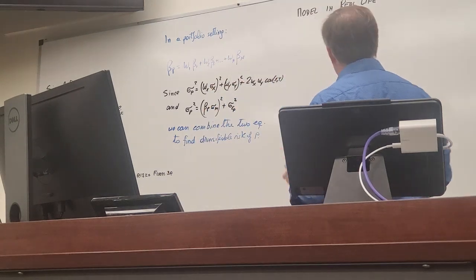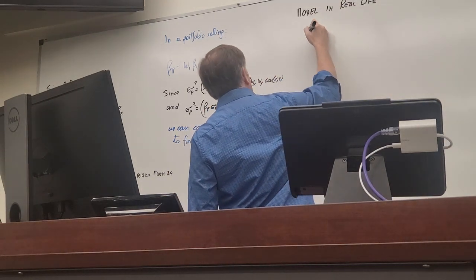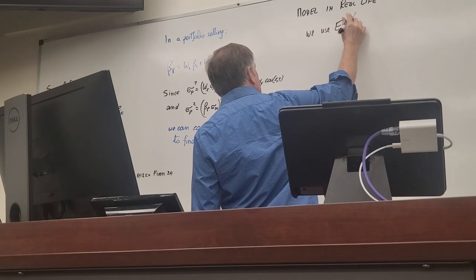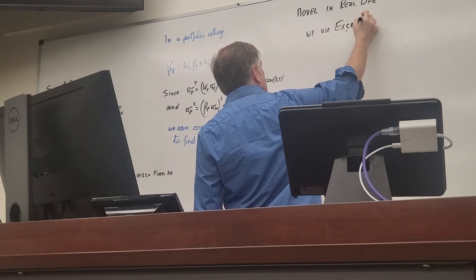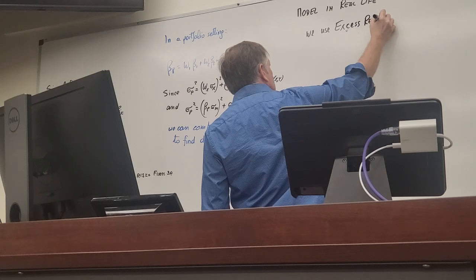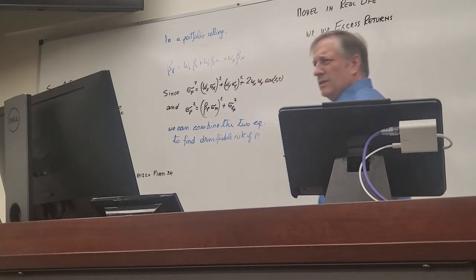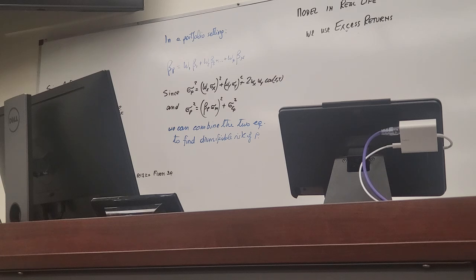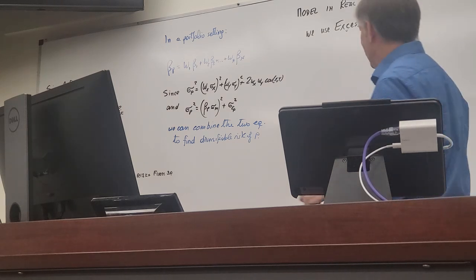So typically, we use excess returns. What are excess returns again? It's your return you got minus the expected return. No, minus the risk-free rate. Whoopsies. Two strikes, that's it.